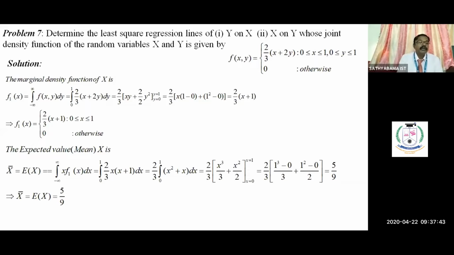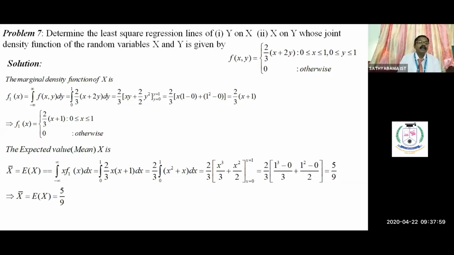2 by 3 is a constant, so you can take it outside. Integration of x with respect to y is xy. Integration of 2y with respect to y is 2y square by 2. That is the second line of this problem. Now substitute the upper limit and lower limit.